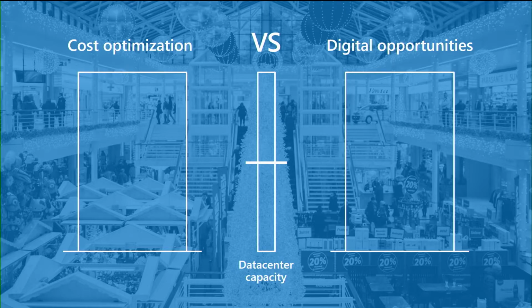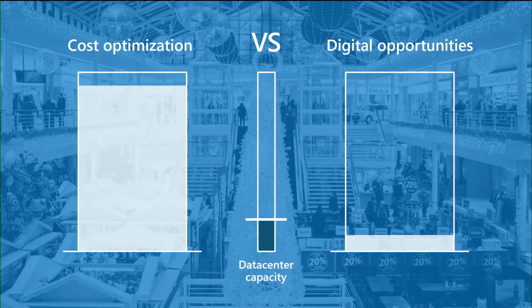And for me, for us, the lever is the capacity in your data center. Right? Let's say your data center capacity is what judges your ability to either save or spend a lot of money or take advantage of digital opportunities. The model for many of our customers, and many of our customers that might still be on premises or might still be wanting to make that shift into the cloud, is on the left-hand side, you have absolutely optimized for cost.